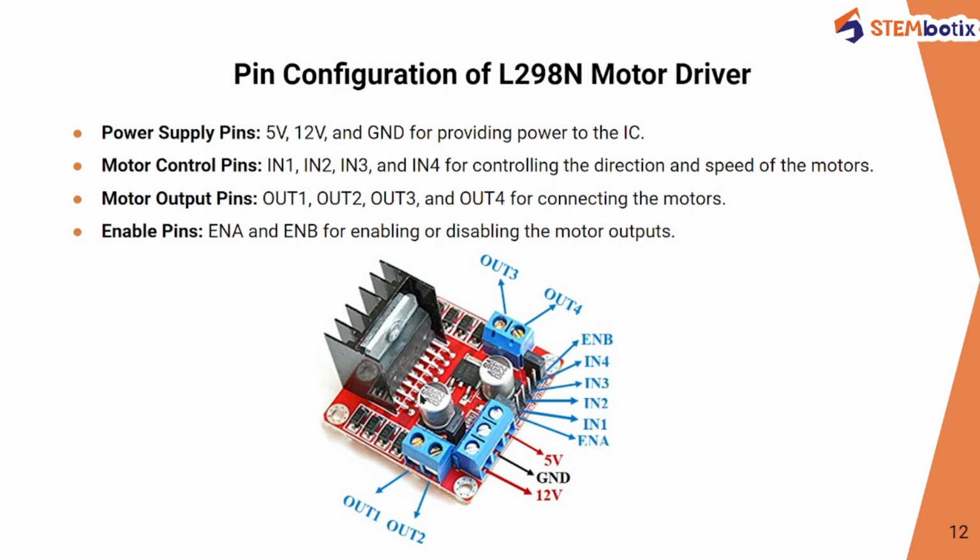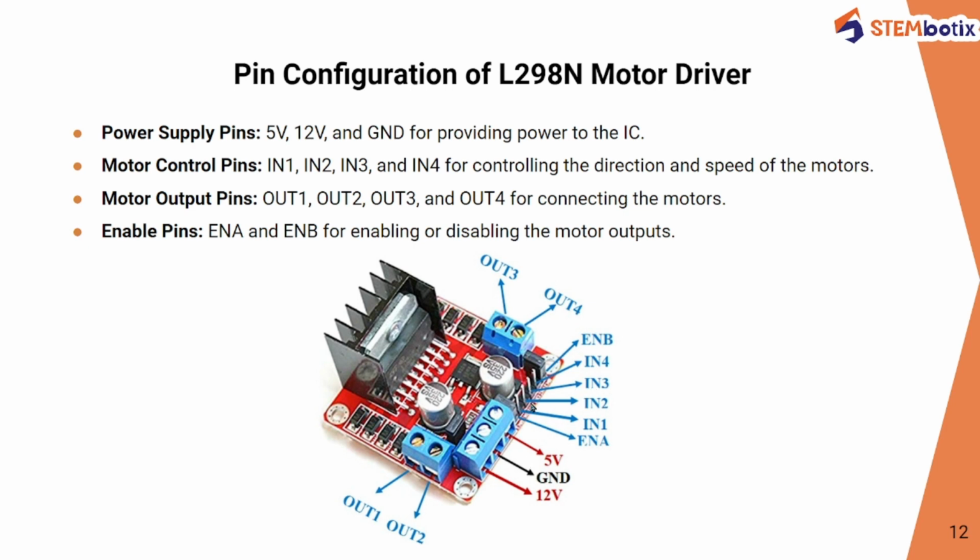So the power supply pins are this 5 volt, 12 volt, and GND. These three can be called power supply pins. Means using this you can provide power to the IC module. Here you can provide 5 volt, here you can provide 12 volt, and from here you can give ground.